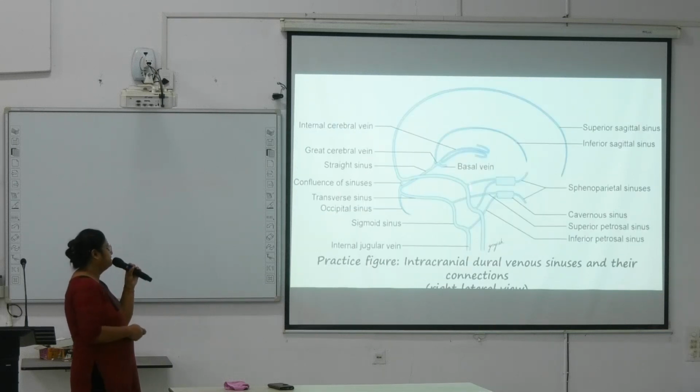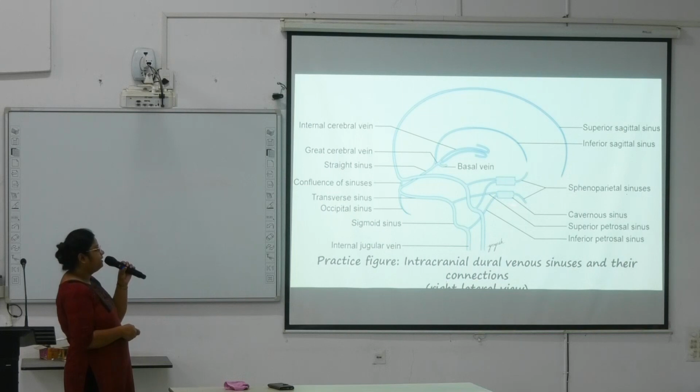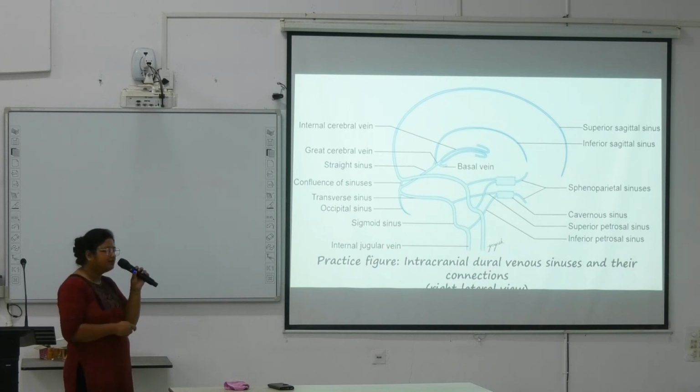see the sinuses. Okay, these are the two cavernous sinuses on the two sides of the body of the sphenoid. Okay, in the meantime, along the sagittal suture, here there is the superior sagittal sinus, along the convex margin of falx cerebri.